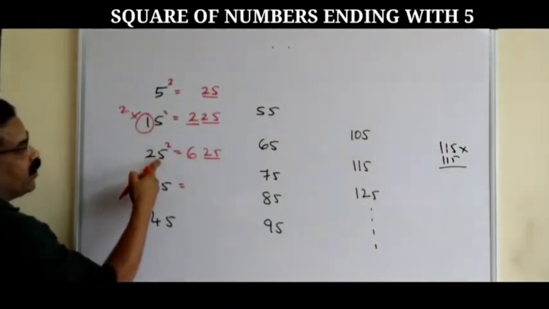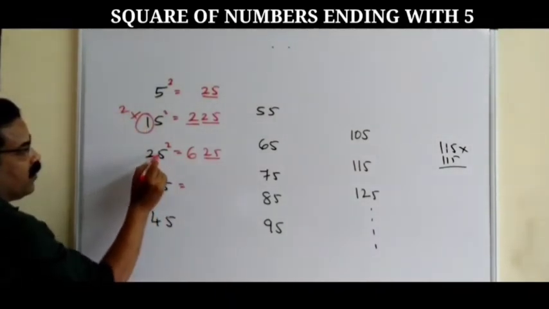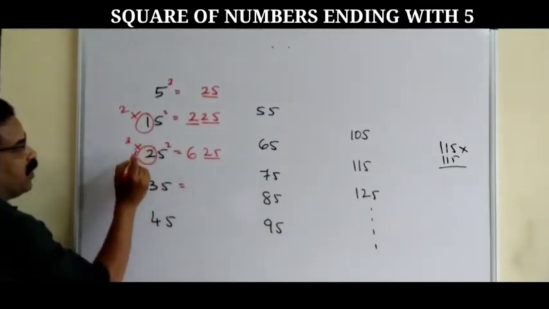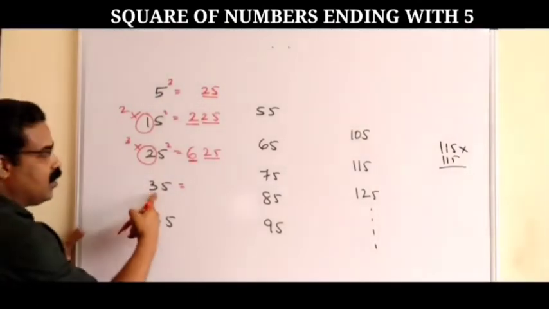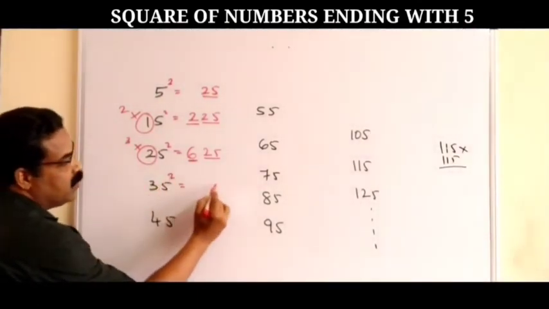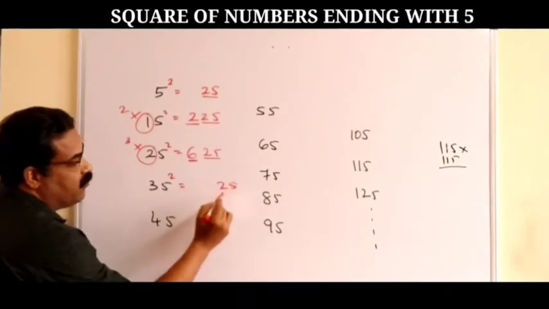The first part is obtained by multiplying this number by its next number. So here 5 square is 25. What is there other than 5? We have 2 here. 2 multiplied by 3, 2 threes are 6. Similarly, for 35 square, the last 2 digits will be 25.